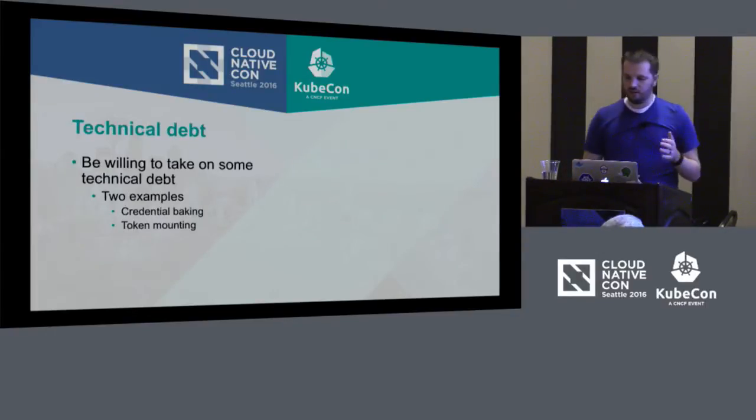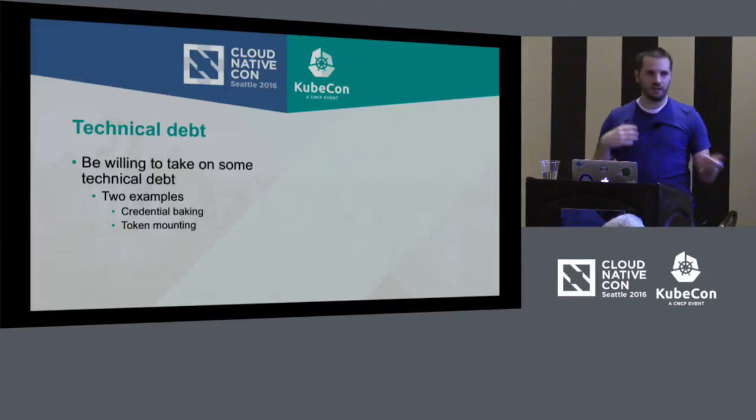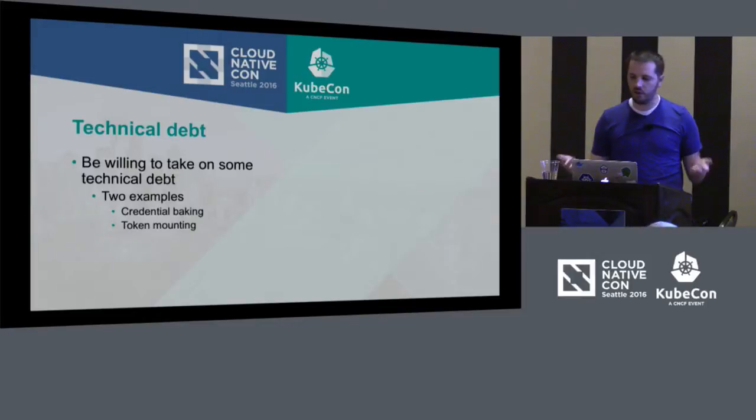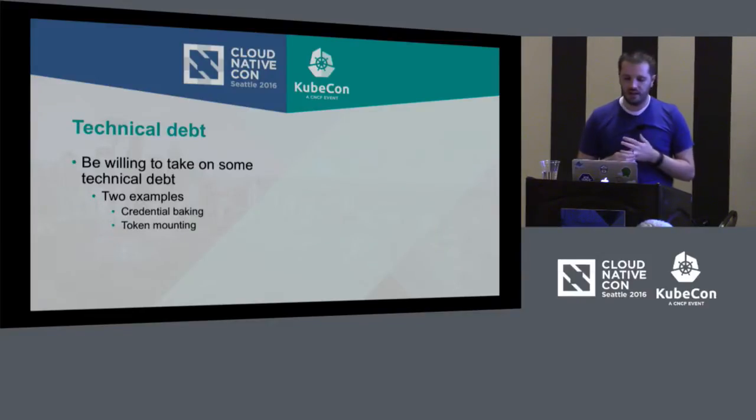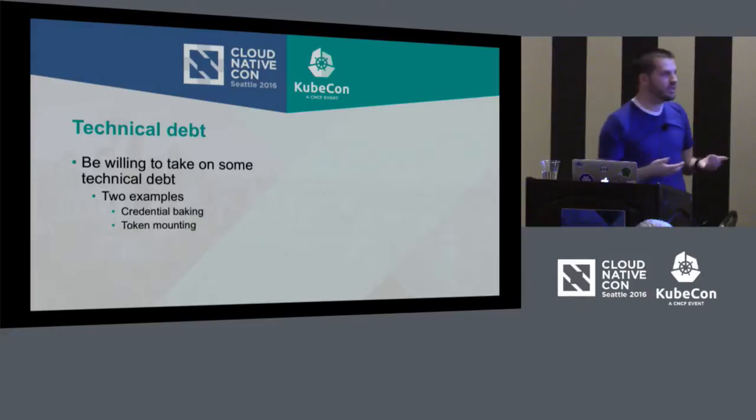So just a note on technical debt. Really, as you're doing Kubernetes and spinning things up in it, you'll have to refactor things anyway, so it's okay to take on some technical debt. And you don't want to make it so hard to get started because you're worried about taking on technical debt. 2 examples that we did to get started were credential baking and token mounting.